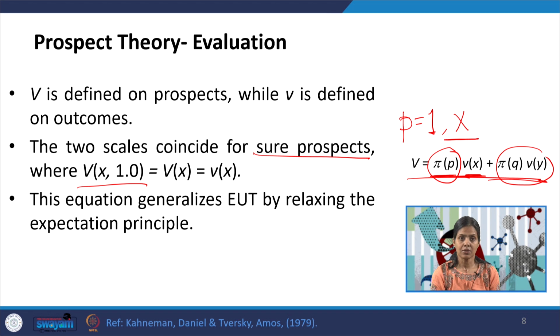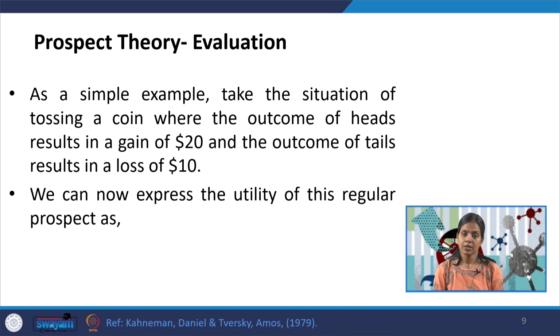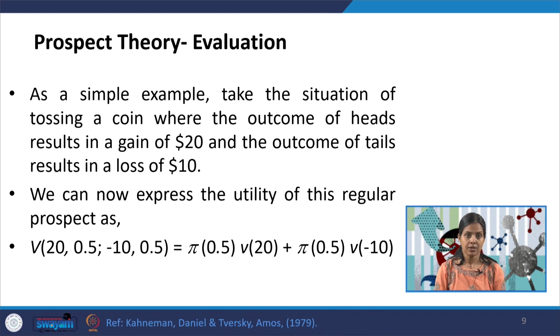This equation generalizes expected utility theory by relaxing the expectation principle. As a simple example, take the situation of tossing a coin where the outcome of heads results in a gain of $20 and the outcome of tails results in a loss of $10. We can now express the utility of this regular prospect as V(20, 0.5; -10, 0.5), because we are going to lose $10 here, with a probability of 0.5.